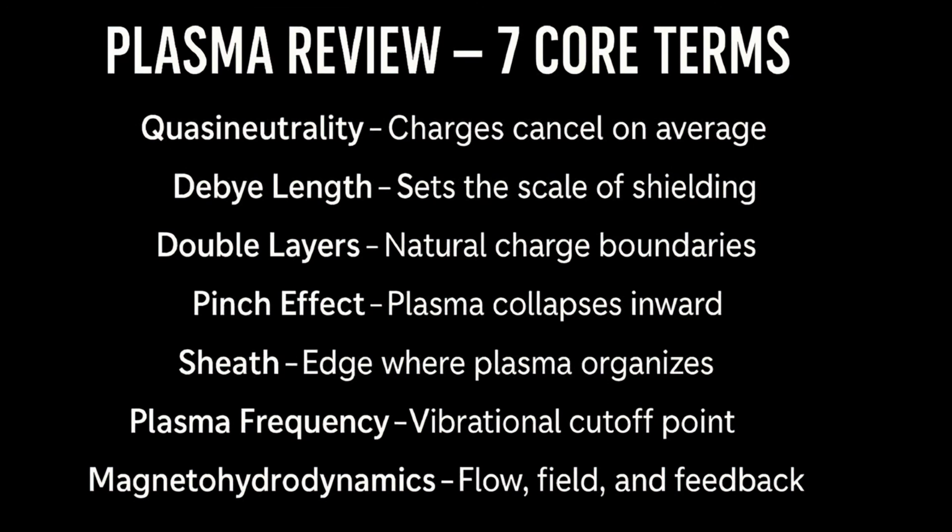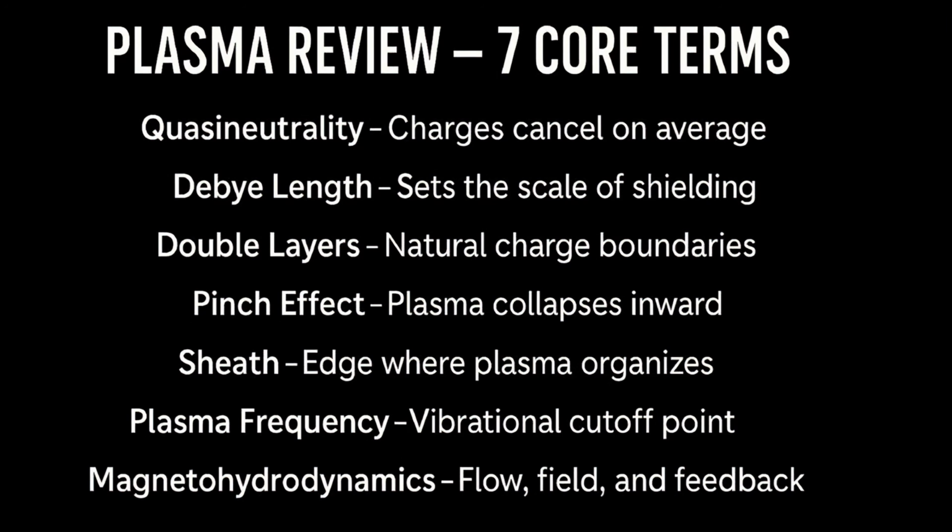To wrap up, let's go over the terms one last time that reveal how this strange state of matter works. We started with quasineutrality, the principle that keeps plasma mostly balanced, even when it's full of positive and negative charges. That balance holds thanks to the Debye length, a tiny shielding distance that sets the scale for plasma behavior.